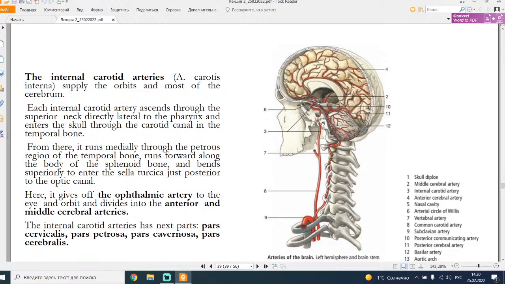This is arteria carotis interna. This is the common carotid, arteria carotis communis, the external carotid artery and the internal carotid artery.